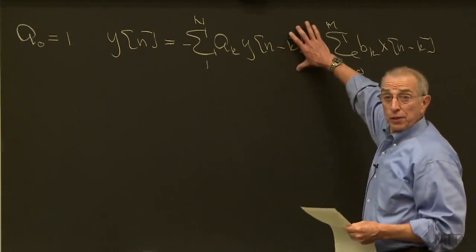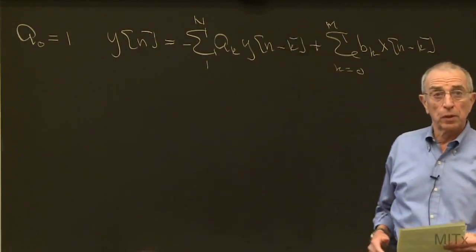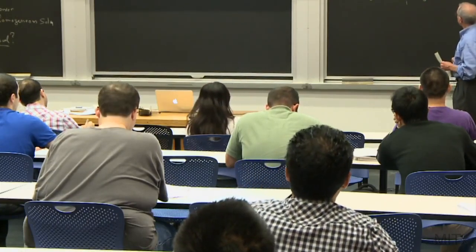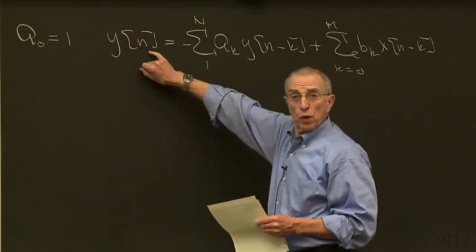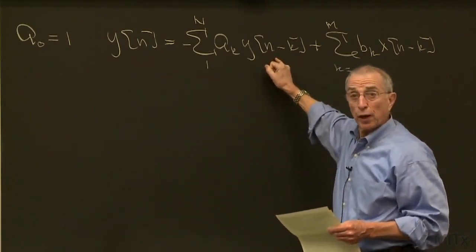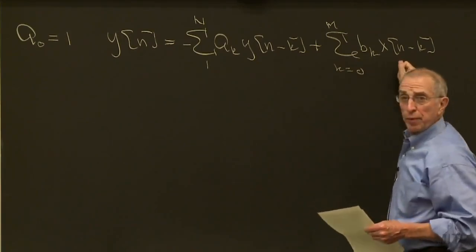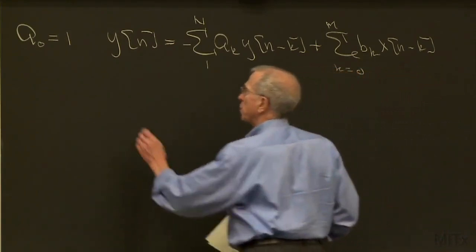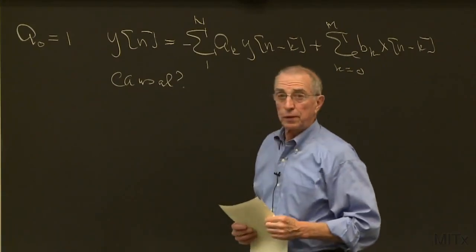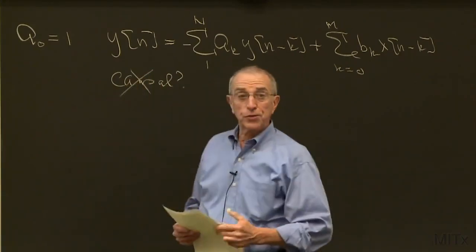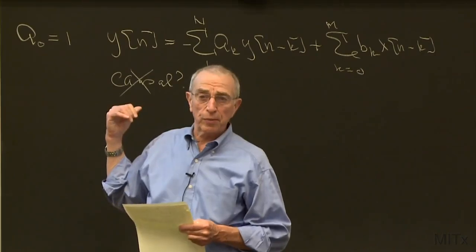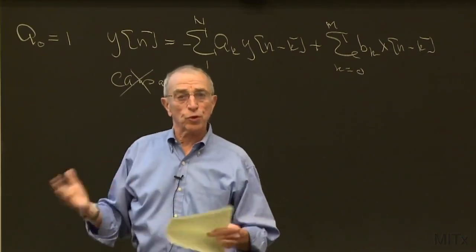Okay, now can I say that the system is causal? Because now the way I've written it, I'm generating y of n at any n by only using past values of y and current and past values of x. So then, is it causal? Well, clearly not, because this equation is the same equation. I mean, I just took some terms over to the other side.